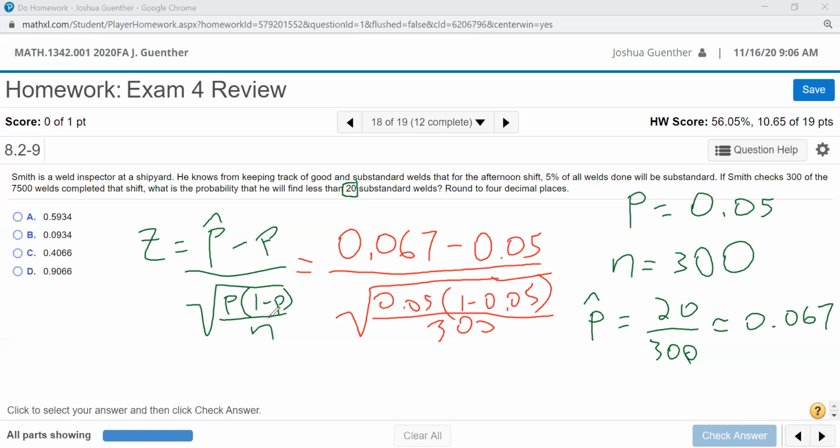You should be getting a z-score, all rounded to 2 decimal places, of 1.35. This is our z-score. And now he wants the probability he will find less than. So all we need is the probability of getting a z-score less than 1.35.